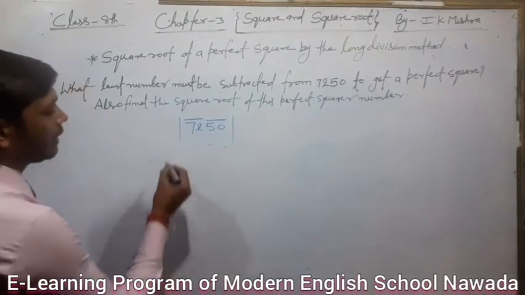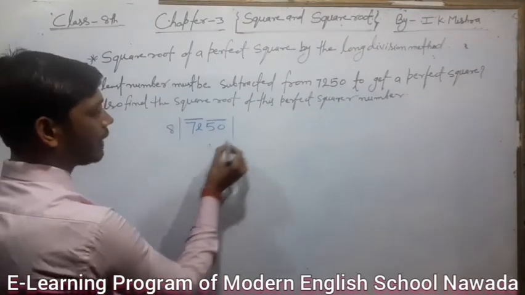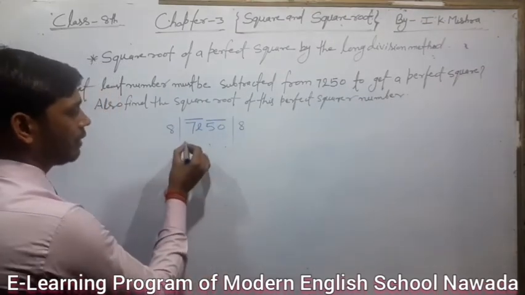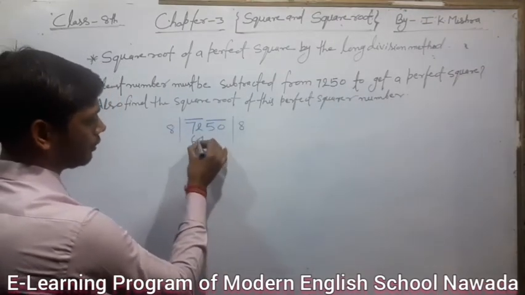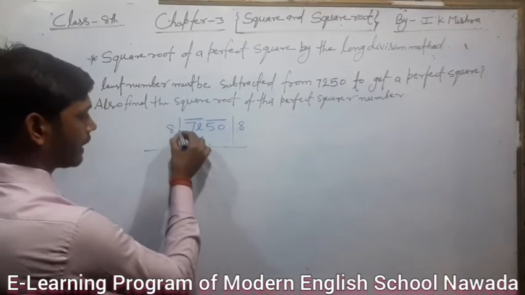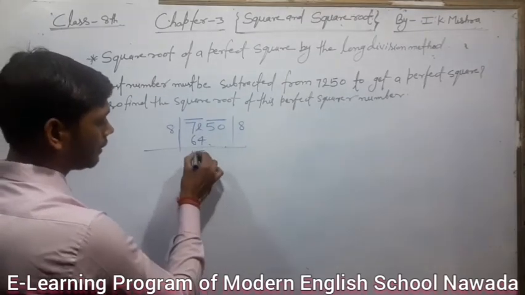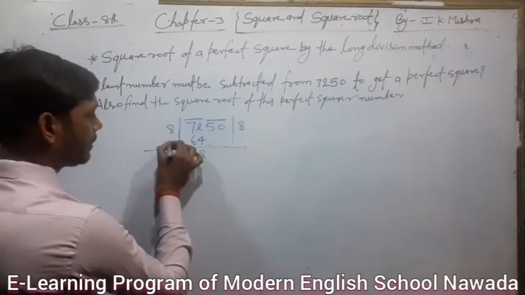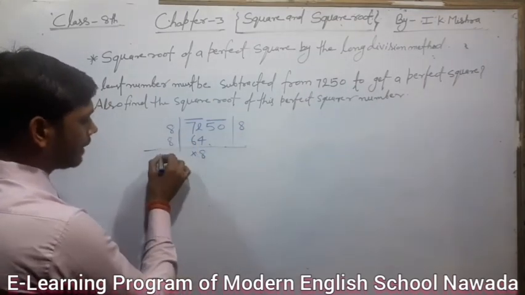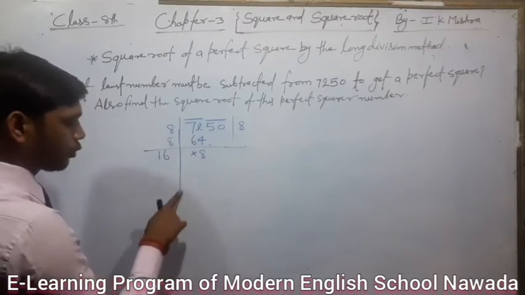So here we divide by 8, and 8 times 8 is 64. Subtract it. First of all, 8 and 8 are added, and 8 plus 8 equals 16 is produced.